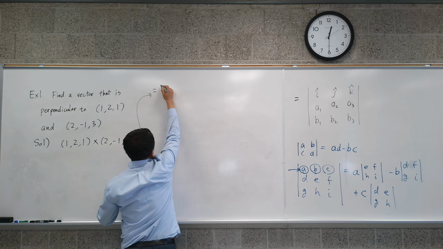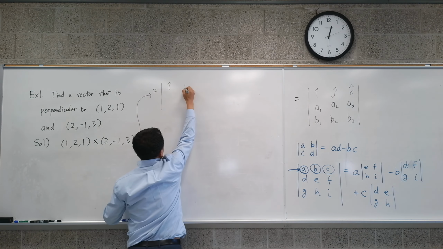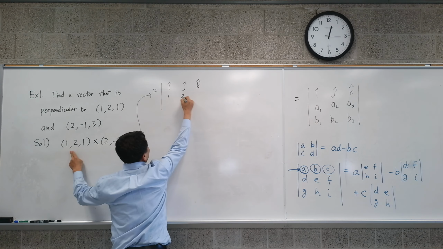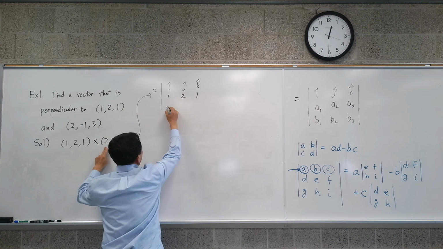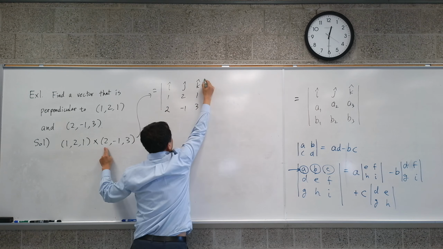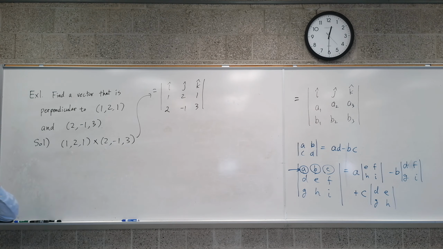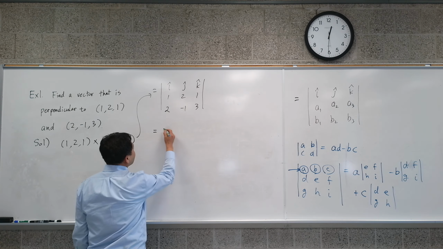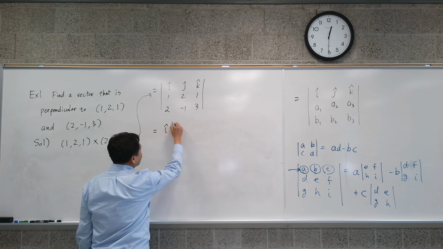So that's going to be equal to the determinant with rows I, J, K, then 1, 2, 1, then 2, -1, 3. Done. Okay? Oh, it's not done. We still have to calculate what it is. All right, so let's try this. It's I times what?